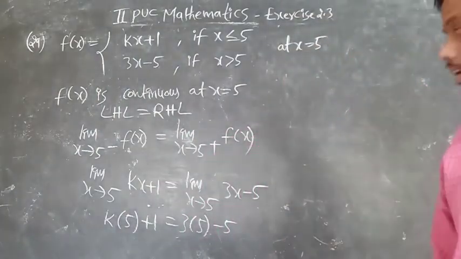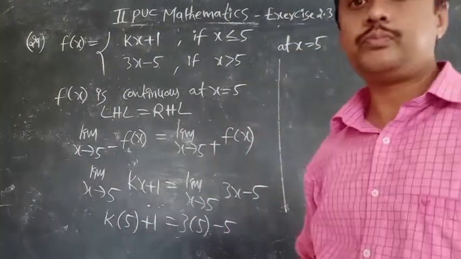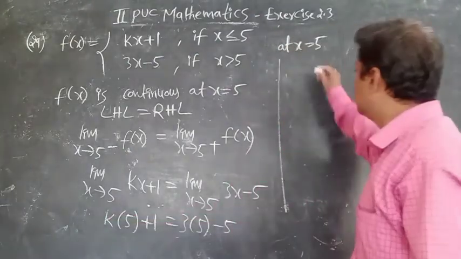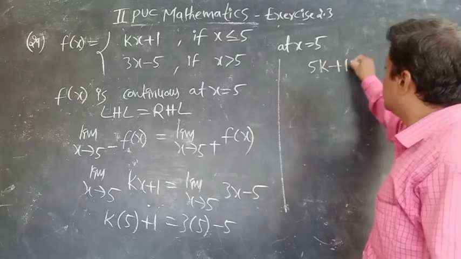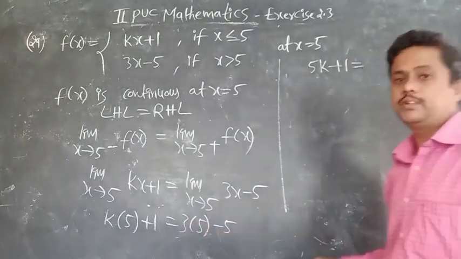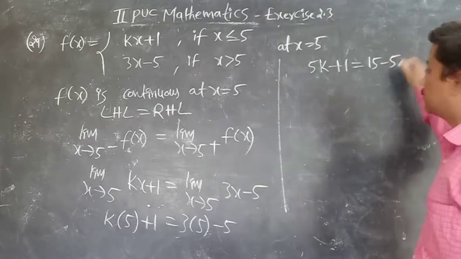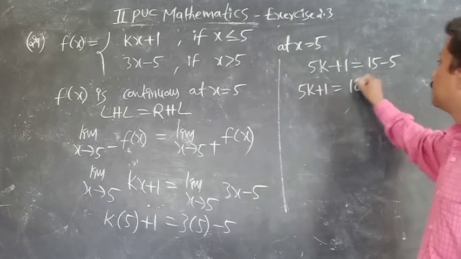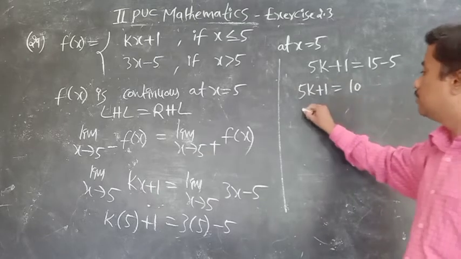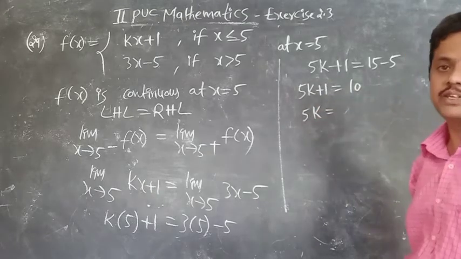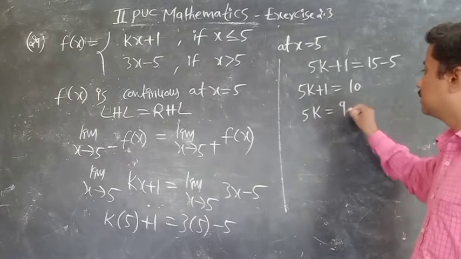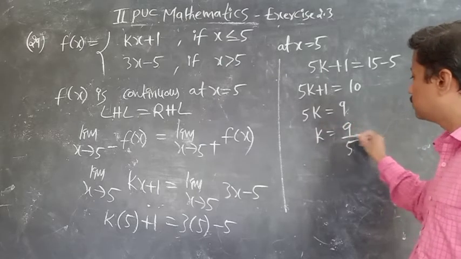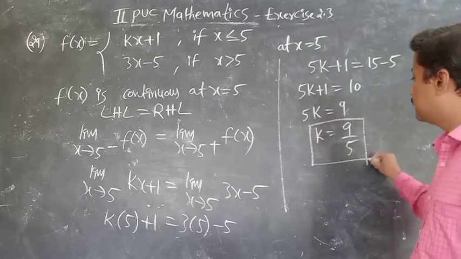So 5k plus 1 is equal to 3 fives are 15 minus 5, which is 10. 5k is equal to 10 minus 1, which is 9. k is equal to 9 by 5. So the k value is 9 by 5.